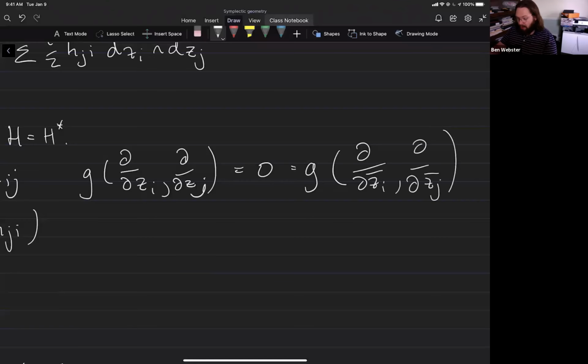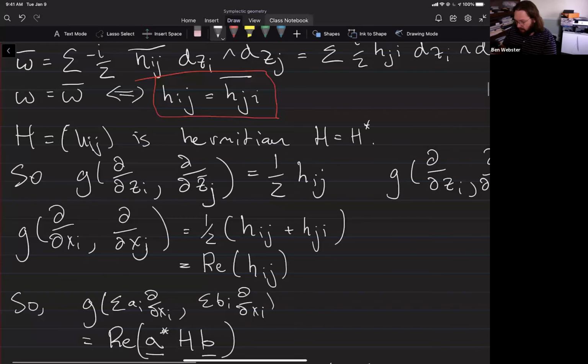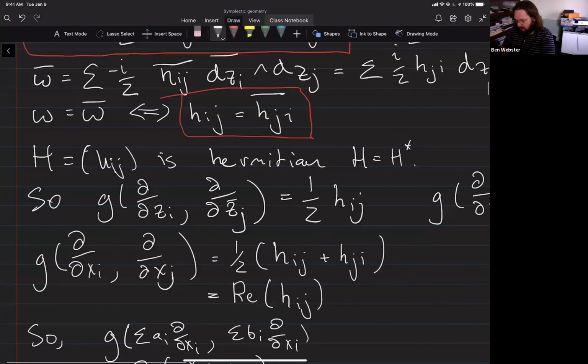They don't contribute at all to the metric. So the only interesting thing to compute is this one. And I get 1/2 h_ij as the pairing between these vectors.